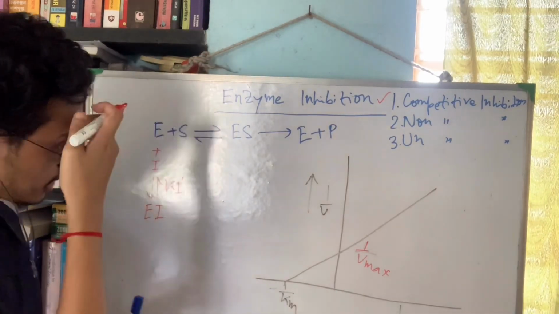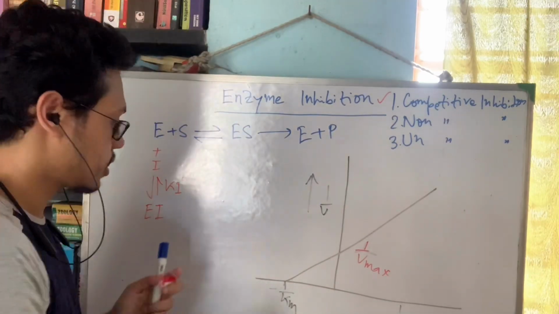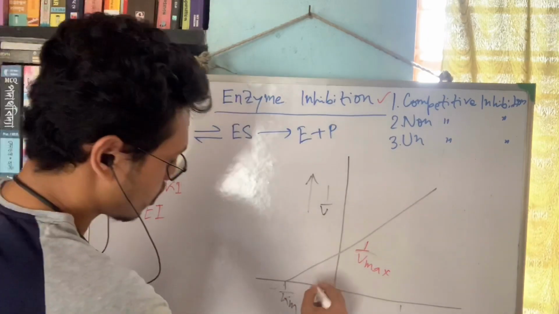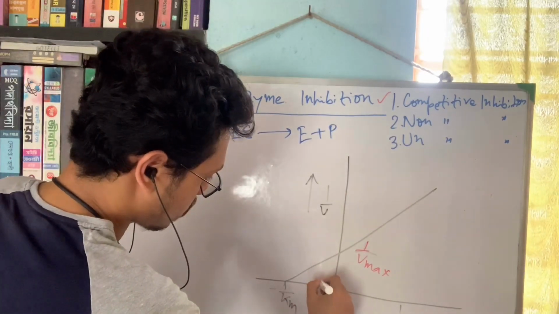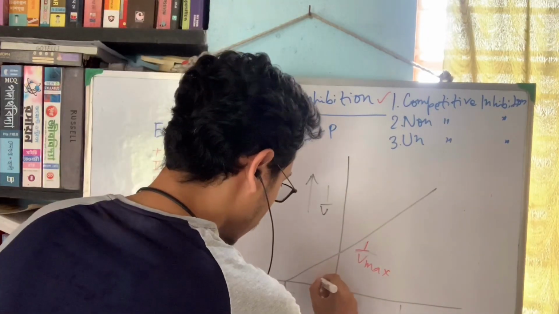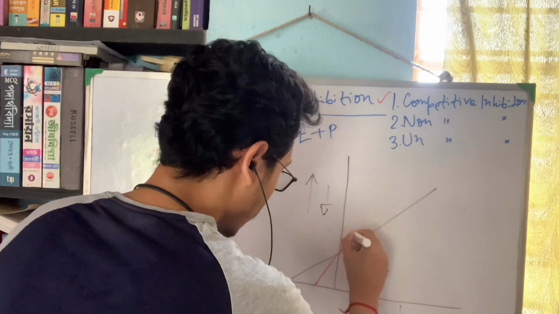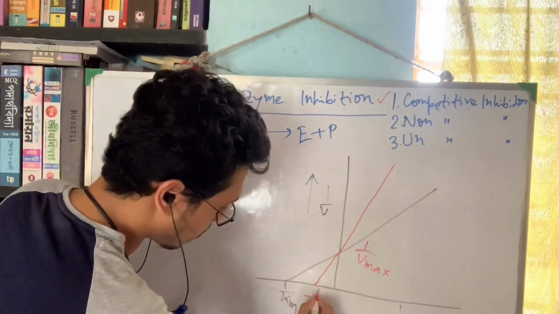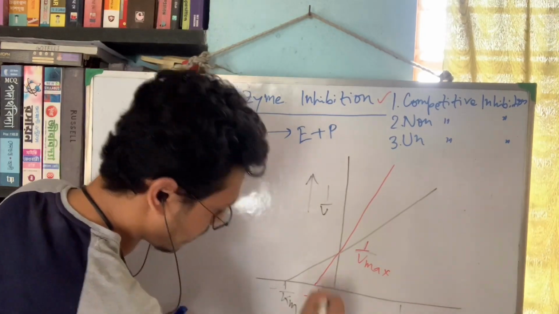This is the constant, Ki will be the rate constant. So Ki. In this graph, the graph will become like this, and this is the minus 1 by Km dash.